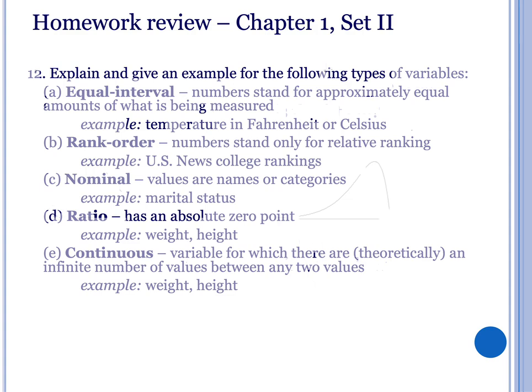So equal interval, your numbers are equal distances apart. Their intervals are equal. An example of that is temperature, whether you're talking about Fahrenheit or Celsius. There's the same difference in heat between 0 and 1 degrees Fahrenheit as there is between 99 and 100 degrees Fahrenheit. So that is equal interval, right?